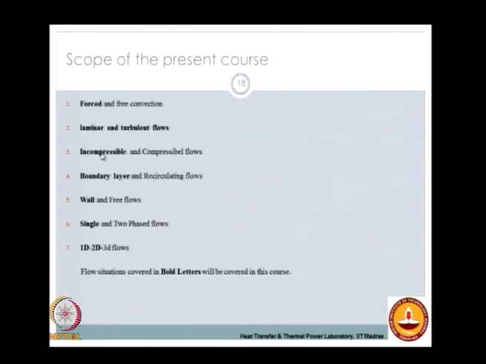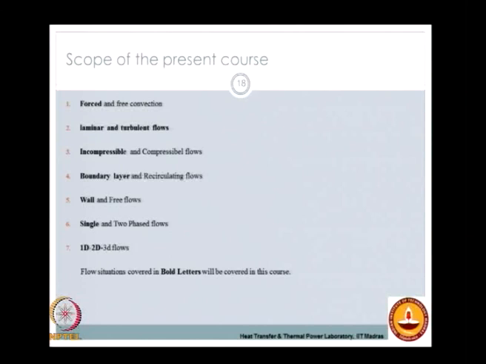Primarily we will focus only on incompressible flows, or incompressible fluids, and we will restrict our understanding to wall bounded flows, and only in the boundary layer regions, not in the recirculating regions. Again, our focus will be on single phase flows, and two phase flow is a separate course by itself, which we will not cover here, and our scope will be restricted to 1D and 2-dimensional flows.